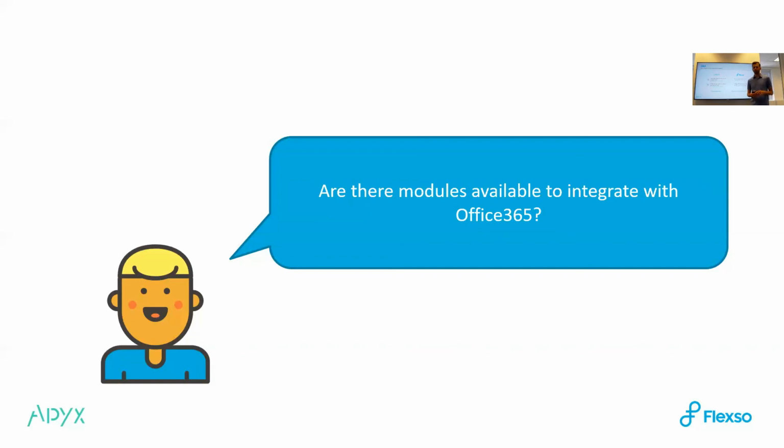Also good to know is that the way we as a partner or you as a customer extend Mendix is the same way Mendix extends the platform itself. We use the same techniques and the same ways, and that's the real power of the platform. So go and check out the App Store to find some integration with Office 365.